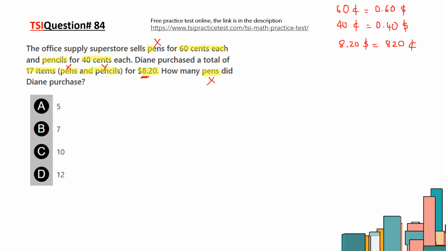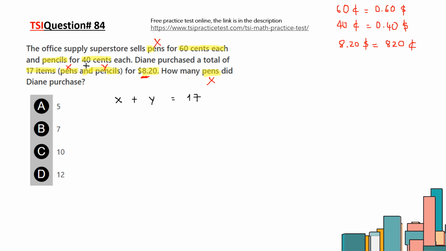So what we have is pens and pencils. Remember, the word "and" means adding. So the first equation is x plus y equals 17 items, where x is the number of pens and y is the number of pencils. Next, calculate the cost.